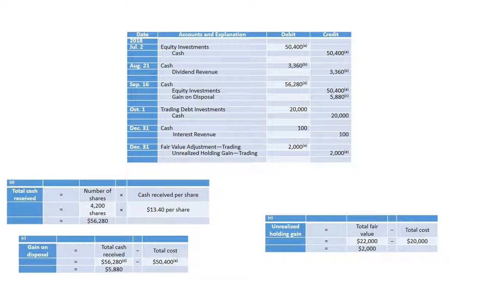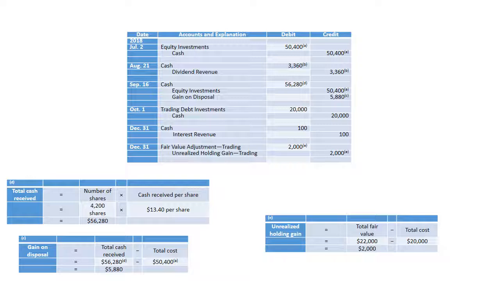They sold them for $13.40 per share. If you multiply that out, the total amount they sold them for was $56,280, which is debited. They'll credit the investment account for the 4,200 shares times the original $12 they purchased them at, or $50,400. So credit that asset equity investment, $50,400.